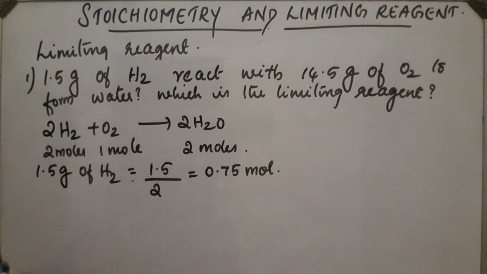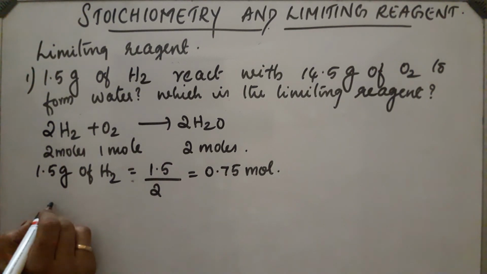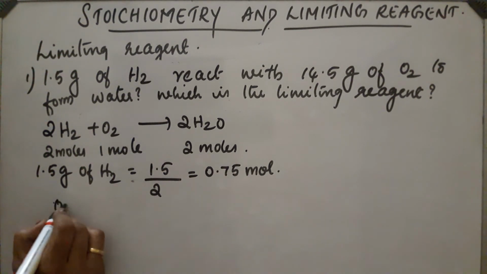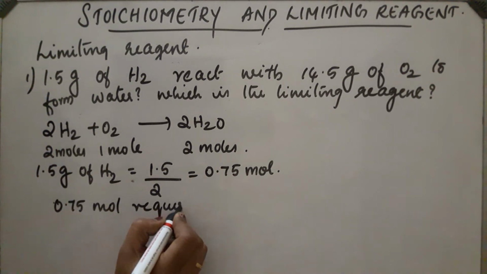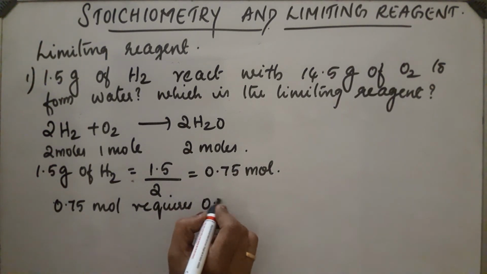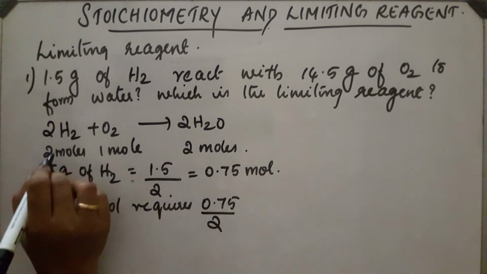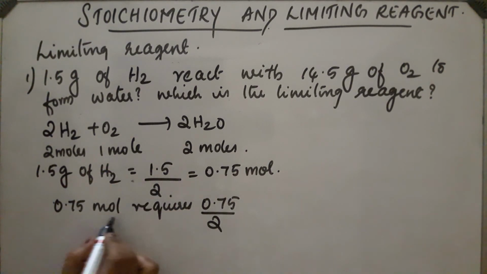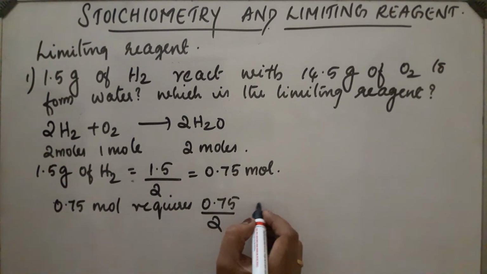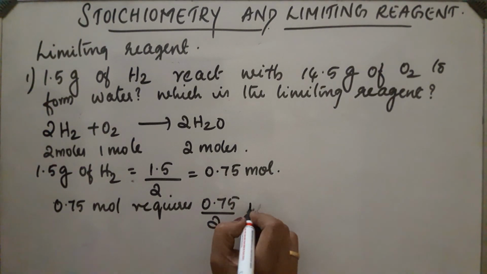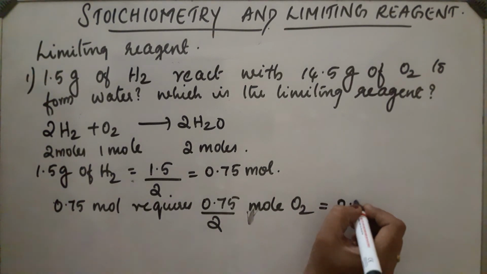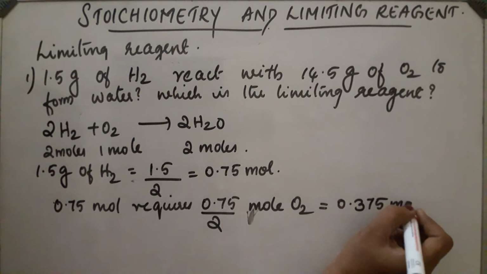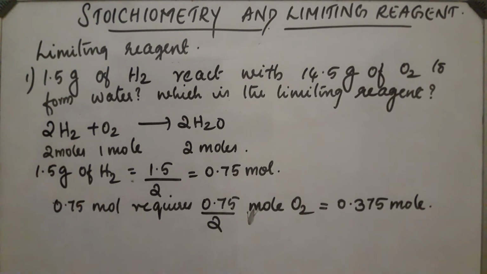So how many moles of oxygen does 0.75 mole require? It requires 0.75 by 2 moles of oxygen, because 2 moles requires 1 mole. This is equal to 0.375 mole.